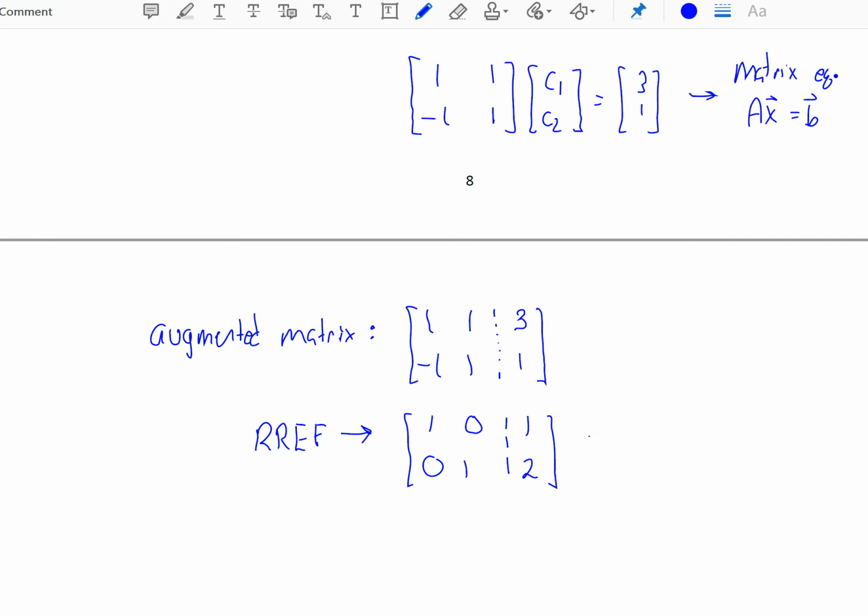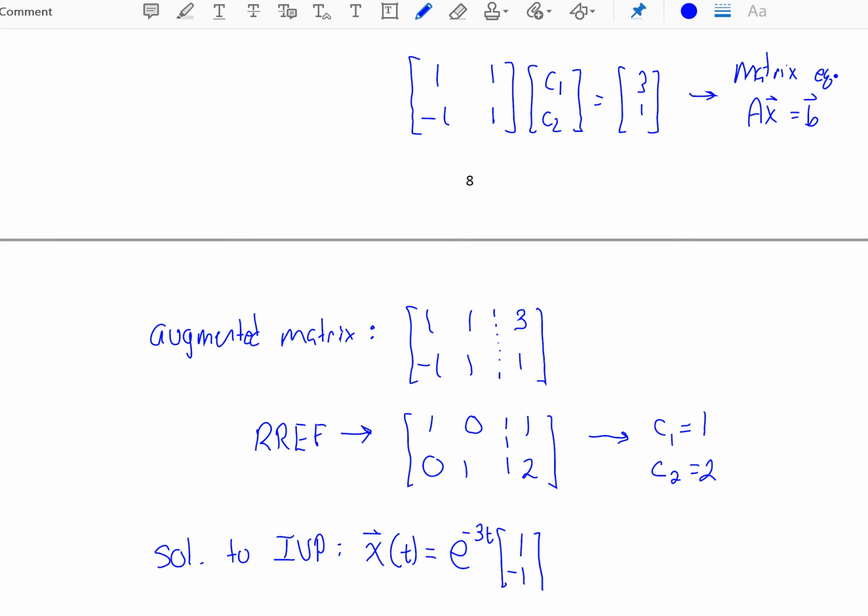this tells us that our constants that we were looking for, C1 had to be 1, C2 had to be 2, and it allows us now to write the solution to our IVP as x of t is e to the negative 3t times our first eigenvector, which was 1, negative 1, plus 2e to the negative t times our second eigenvector, which was 1, 1.